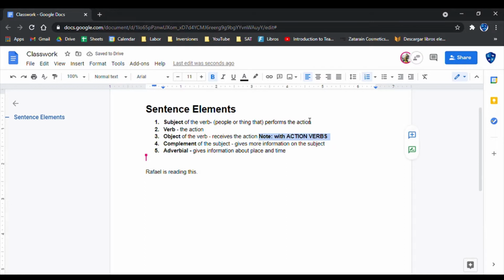This is when we use objects. Okay, so if our verb is an action verb, then we have to use objects.